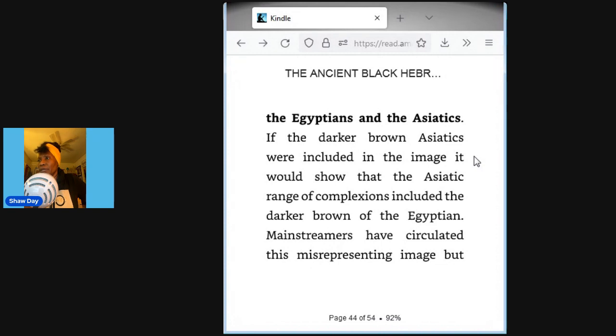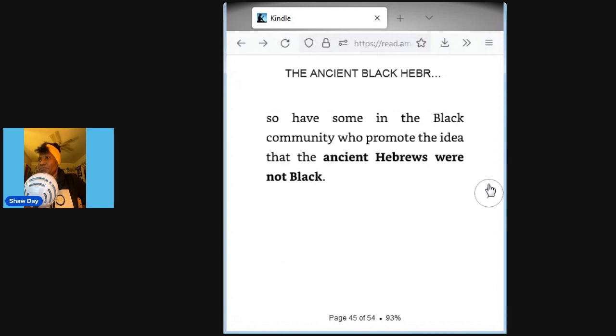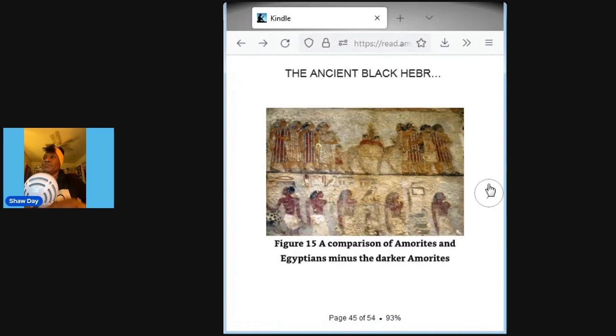Mainstreamers have circulated this misrepresenting image, but so have some in the black community who promote the idea that the ancient Hebrews were not black. This is figure 15, a comparison of Amorites and Egyptians minus the darker Amorites.